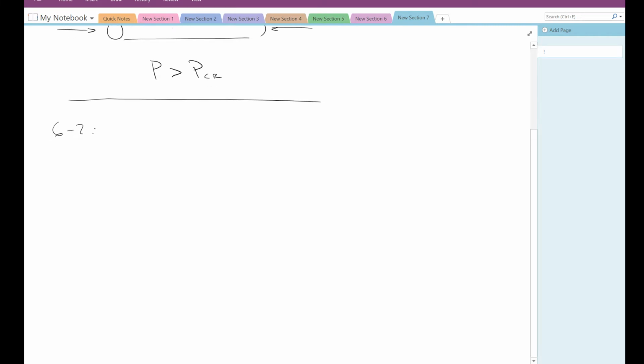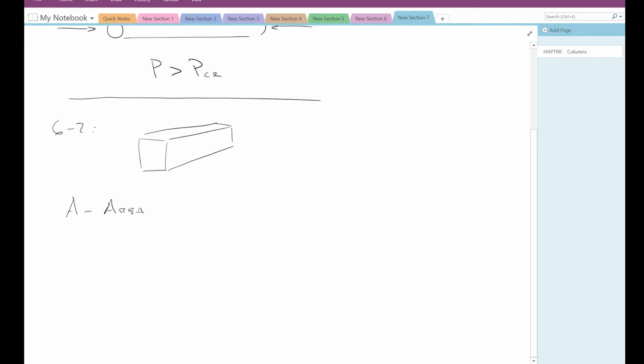The first thing we want to look at is the area, right? So we have some sort of member. Let's draw something like this. We have A for cross-sectional area, right?